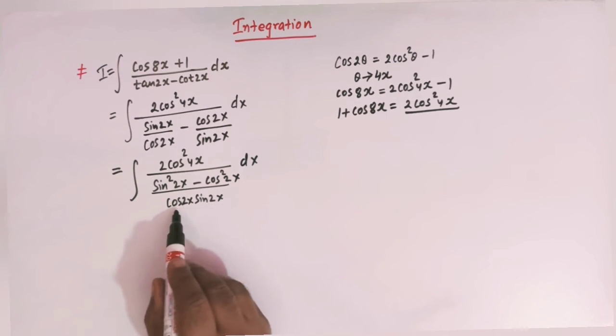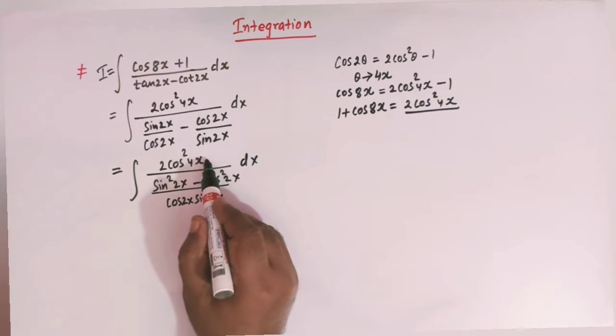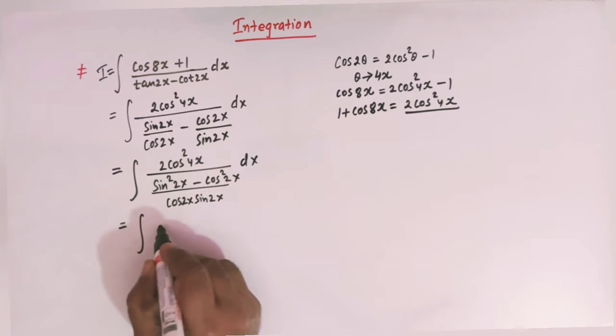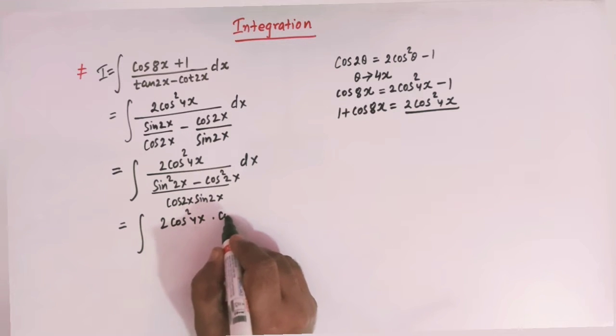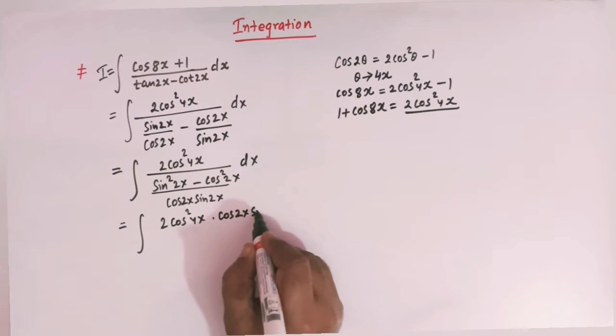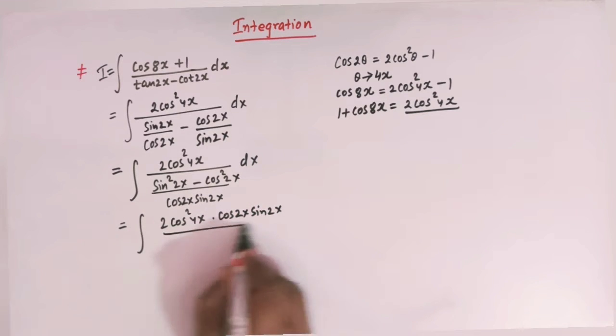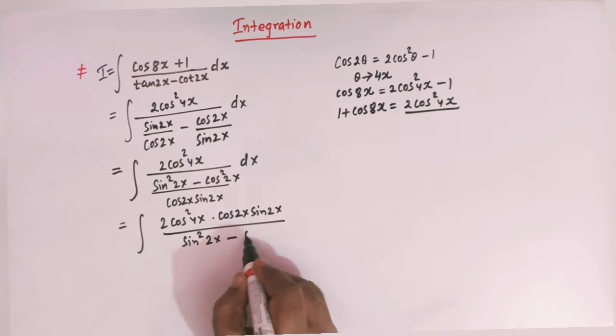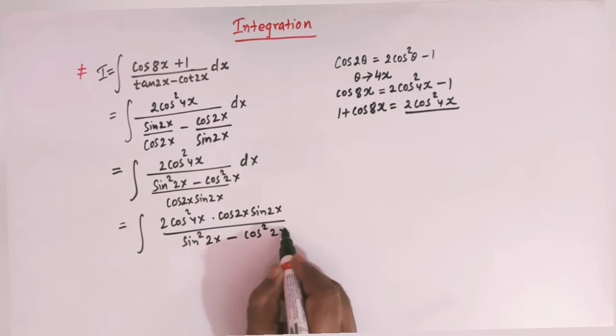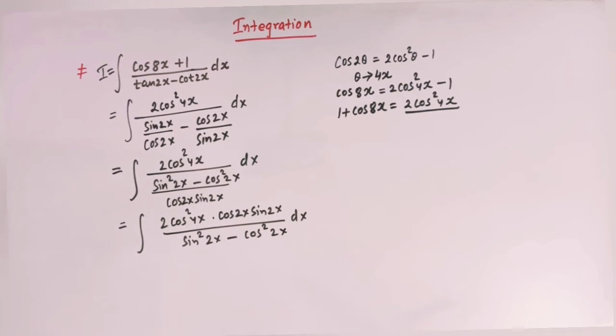Now we can take this term to the numerator. So we have the integral of 2 cos²4x times cos 2x sin 2x, and in the denominator we have sin²2x − cos²2x.